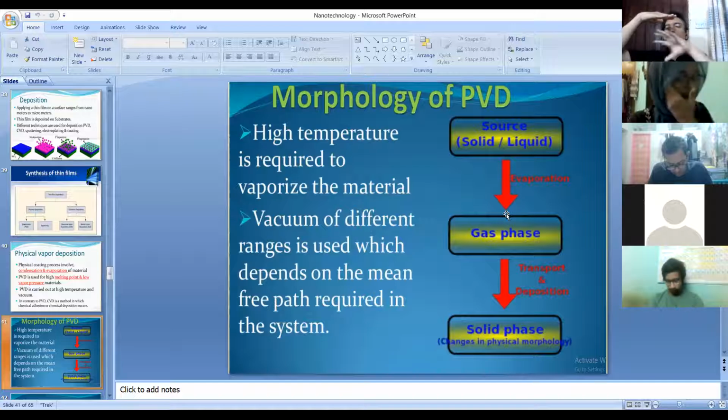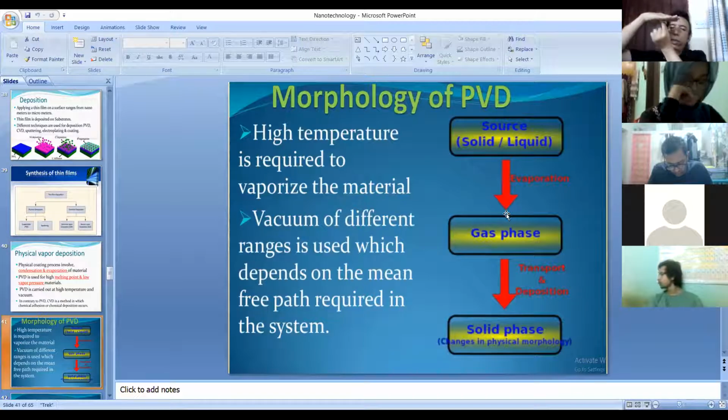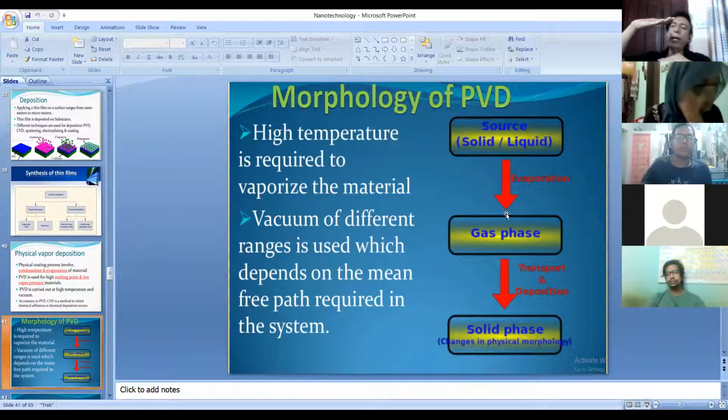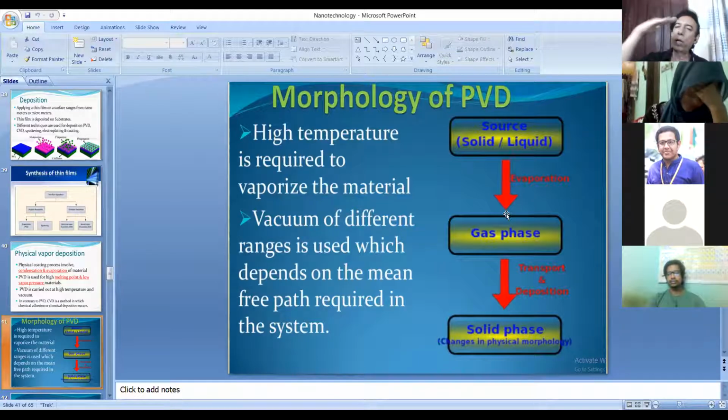Say for example, there are 100 aluminum atoms in the vapor. One by one, they attach to the substrate, and that makes one layer. After making one layer, they will make the second layer of aluminum. If we desire a thin film of 2-layer width, then we will stop the vaporization and we will get a thin film of 2-layer width.